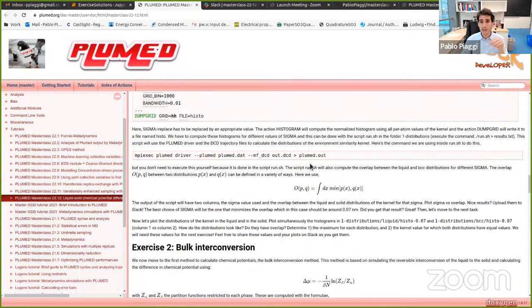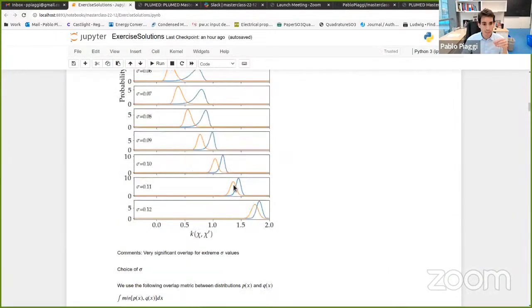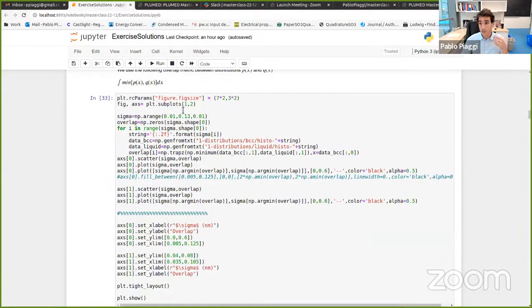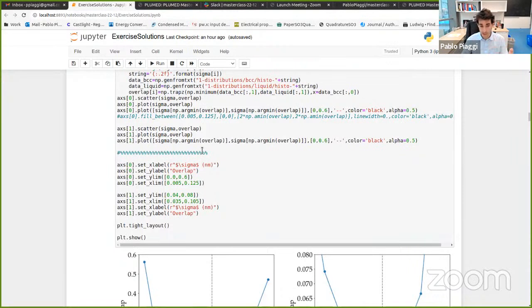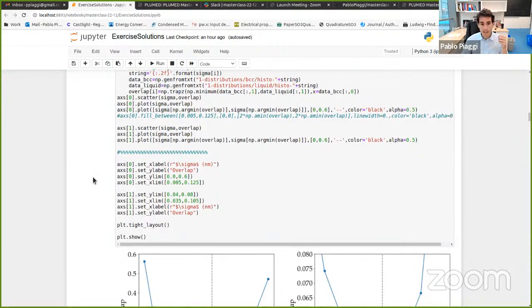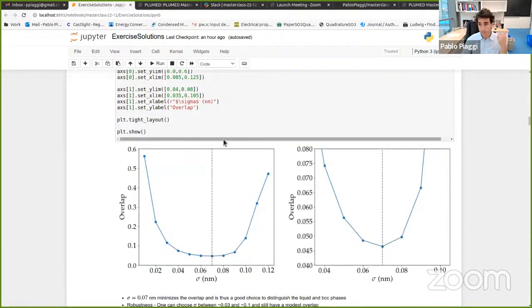And if we do this calculation for different values of sigma, we can obtain this plot that I'm showing here, that is also calculated from the distributions that we computed before. I gave a script last week to be able to compute this, but it's done here also in the solution of the exercise.